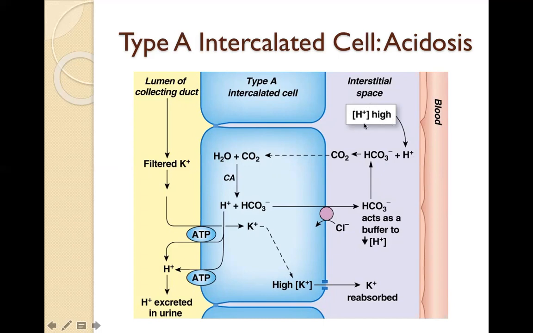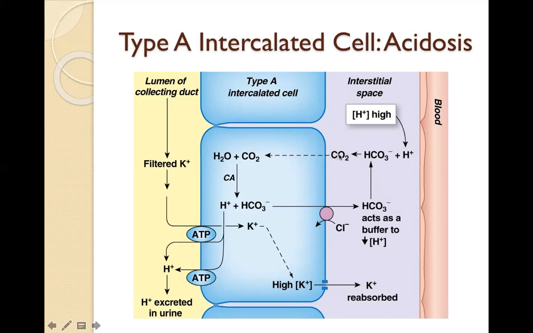In the interstitial space, those hydrogen ions are going to combine with a bicarbonate ion. And that's going to produce both water, which isn't listed here. Water is often just assumed to be available, or sometimes they don't write it in. And it also produces carbon dioxide.